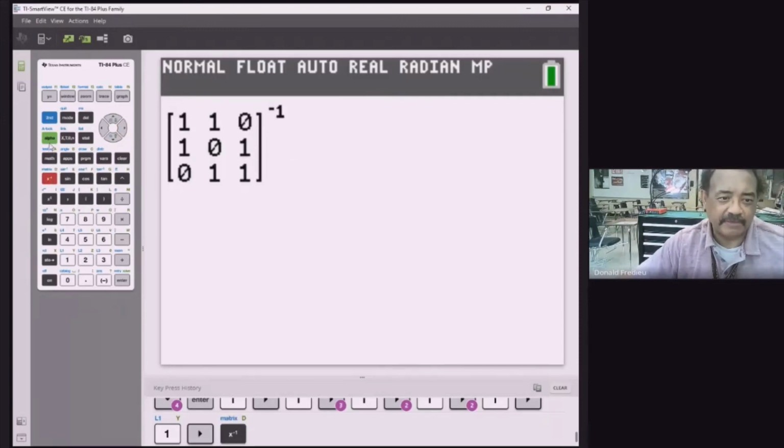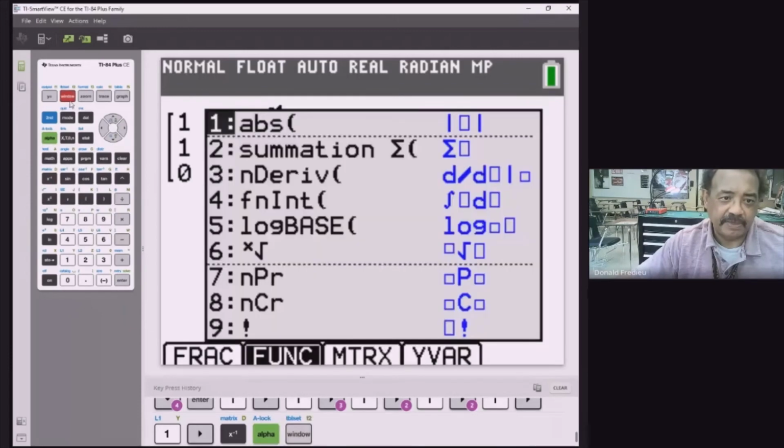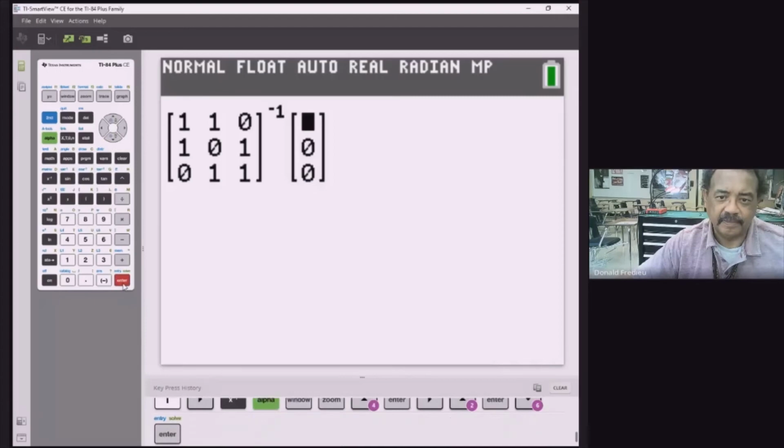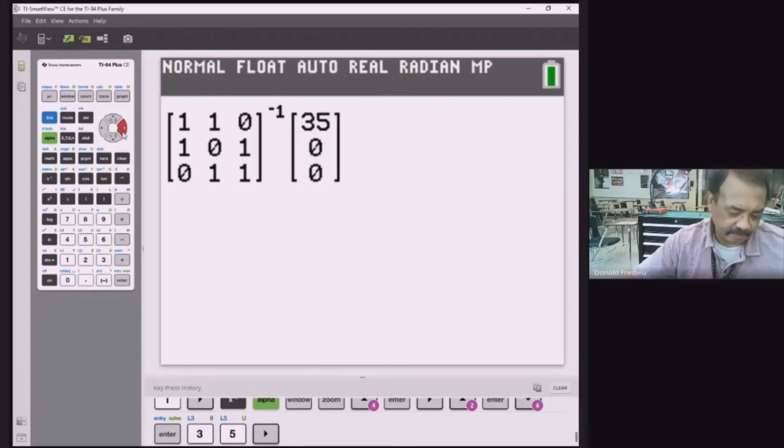And now we need the Y matrix. So alpha, window, zoom. And we want a 3 by 1 here. So my number becomes 35, 28, and 37.